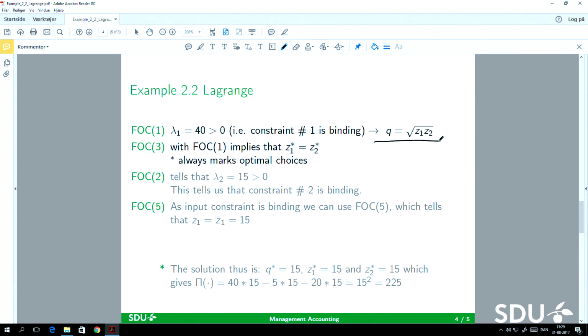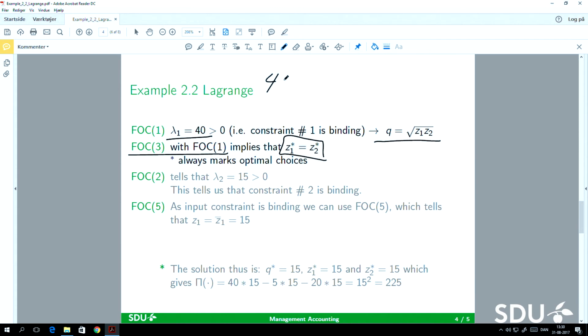Then we can combine the first order condition 3 and 1, and we will find that in the optimum, and the asterisk or star always denotes the optimum, C1 equals C2. So we use equal amounts of both our input factors. And how do we do that? We know that lambda 1 equals 40.